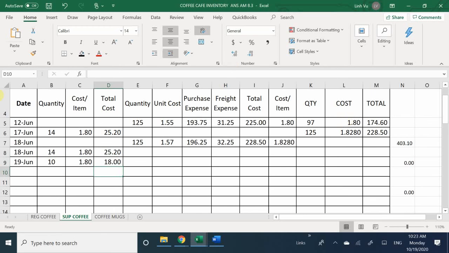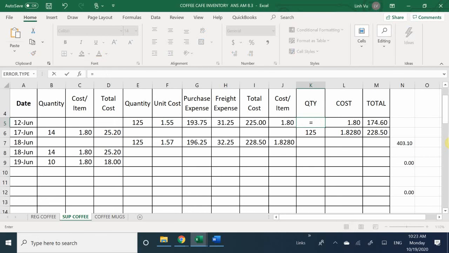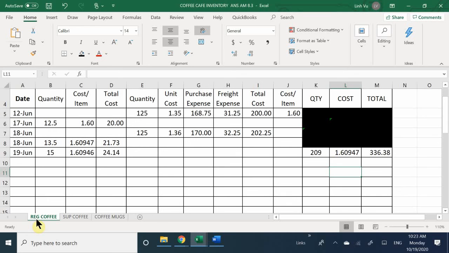So therefore, we got to update our inventory. We no longer have 97. How many items do we have left? 87. All right. Bringing you a grand total of 385.10. Okay. So here we sold 18 of Supreme, and here we sold 24.14 of regular.